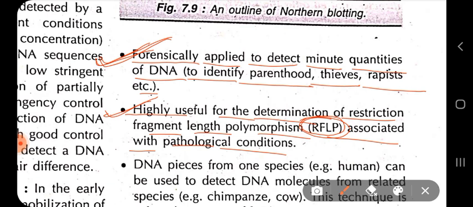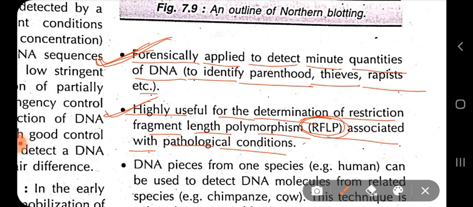Why? Because the restriction site present in individual A will be different from the restriction site in individual B. Let us say we have used the restriction enzyme EcoRI, or let us say BamHI. The restriction site for BamHI in individual A will be located at a different place compared to the restriction site of BamHI in individual B. Thus you get different fragments from individual 1 and individual 2 using the same restriction enzyme.